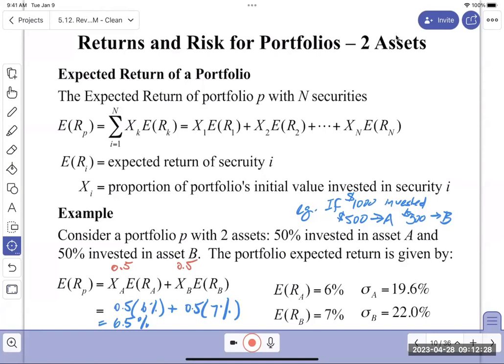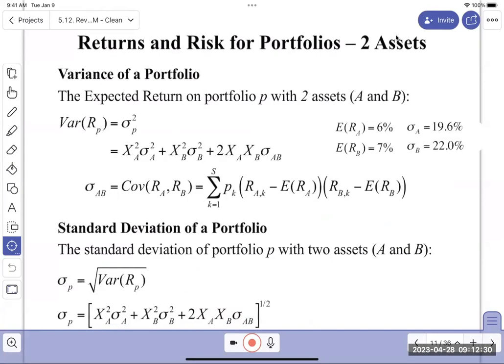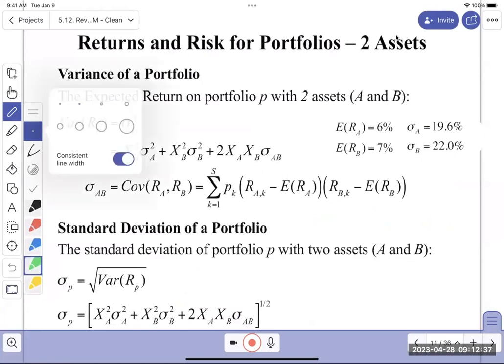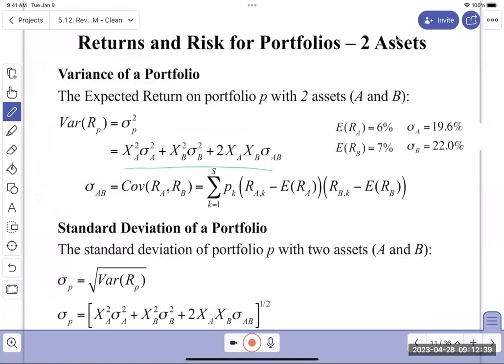And then let's get the standard deviation. So using our formula, this is going to be 0.5 squared. We have these two that are just the squares of the standard deviations to give you the variance.